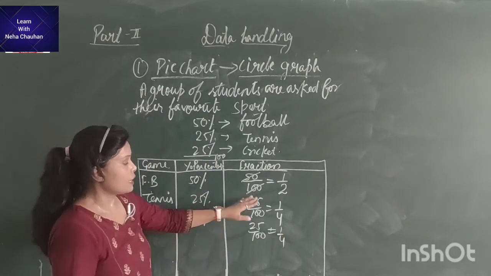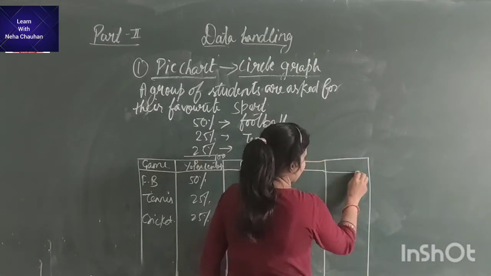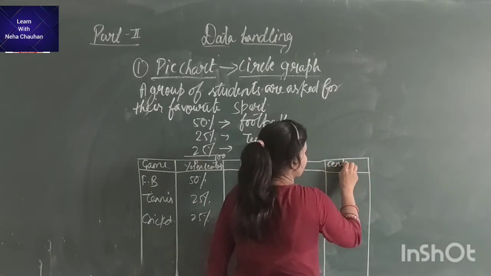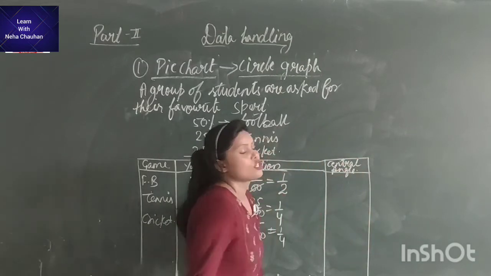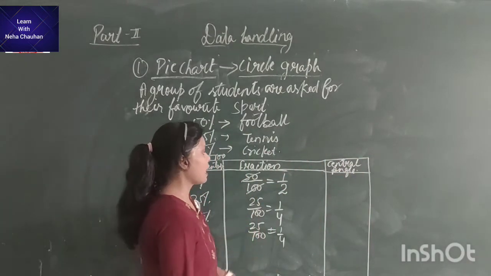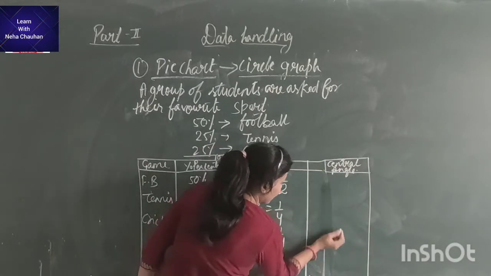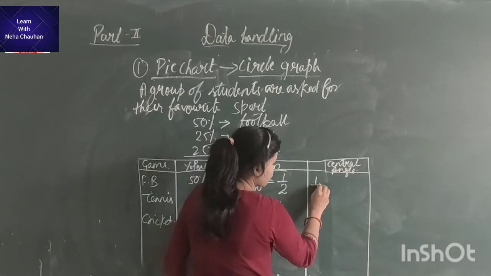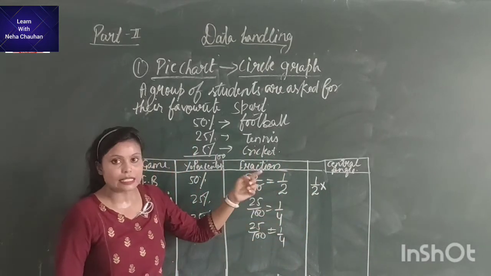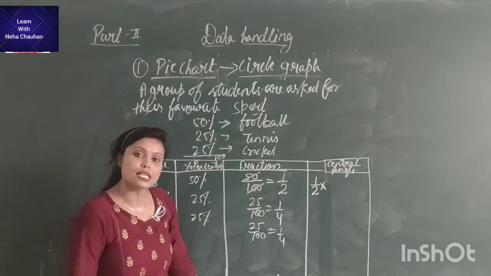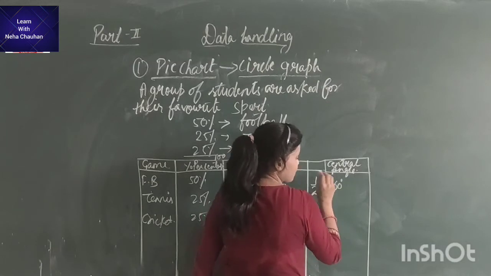Now we will find out the central angle. For finding the central angle, we will take the fraction. The fraction is 1 by 2, right? And we know that the central angle of the circle is 360 degrees.